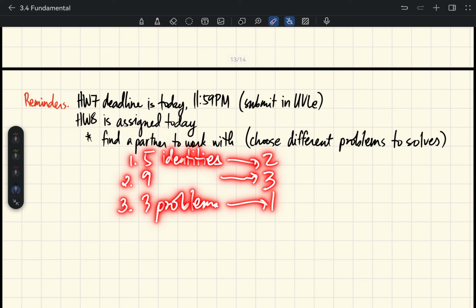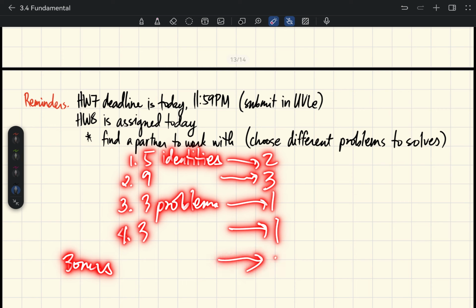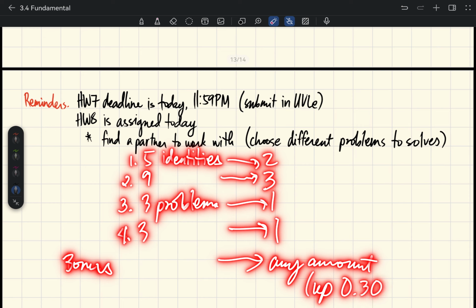Choose 1. And for number 4, there are, I think, 3 problems as well. You have to choose 1. Then for the bonus, there are several problems. You can choose any amount as long as the maximum sum is only 0.3 points.